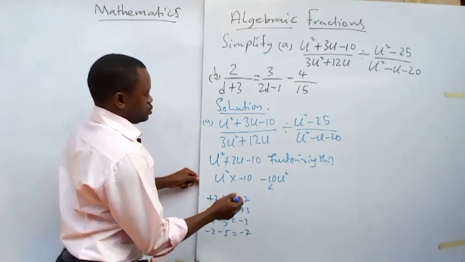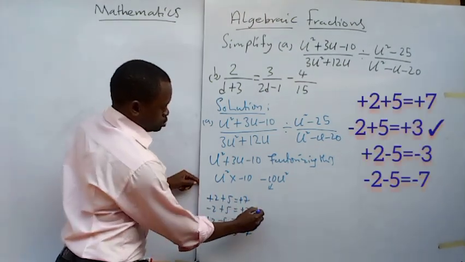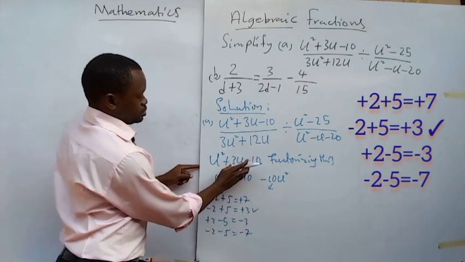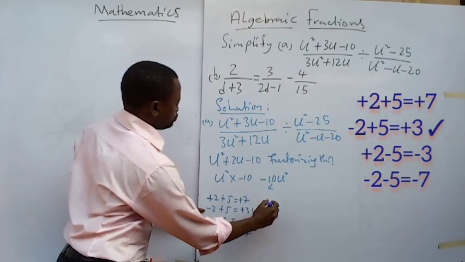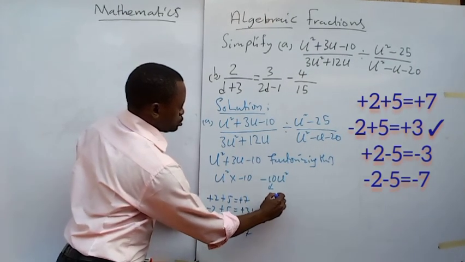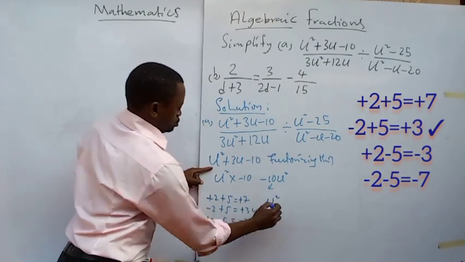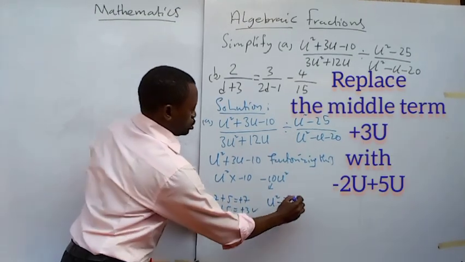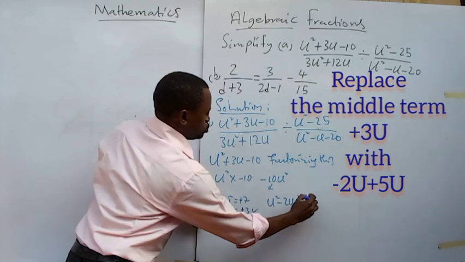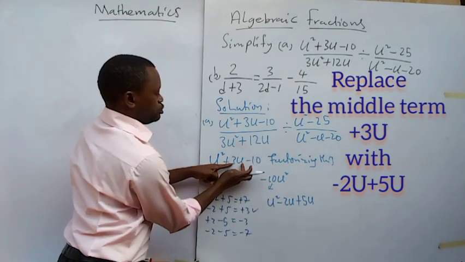All right, so I'm going to use this to replace this. So I am going to have finally u squared minus 2u plus 5u. That will make 3u.